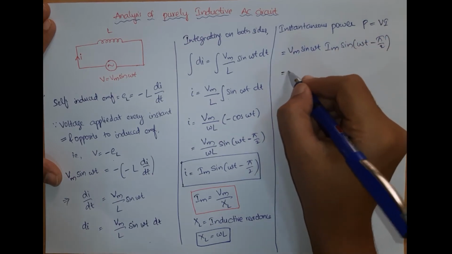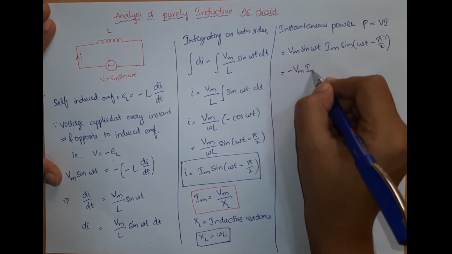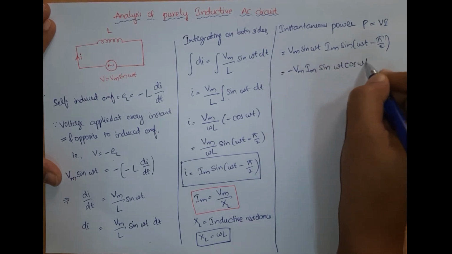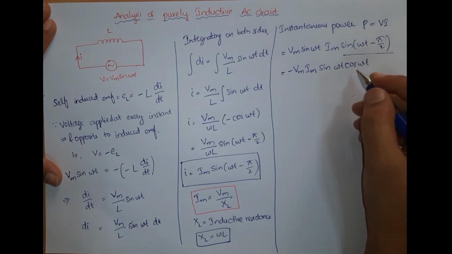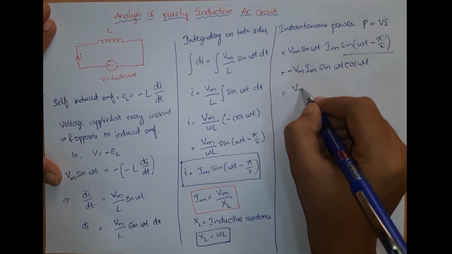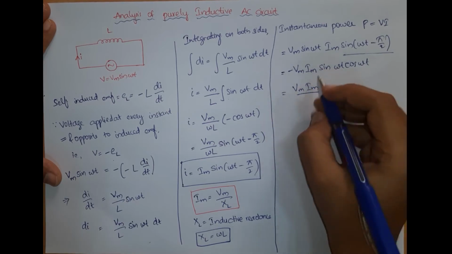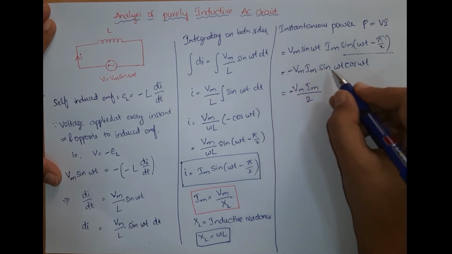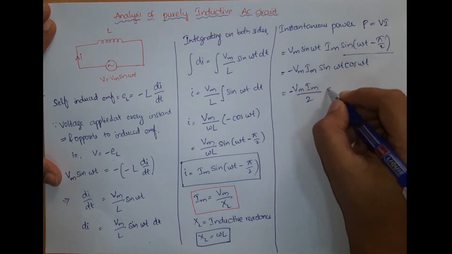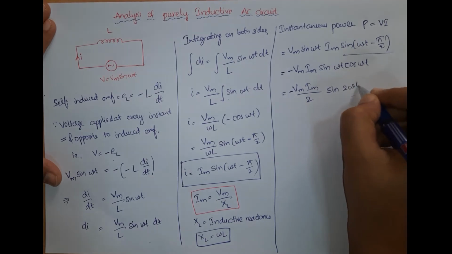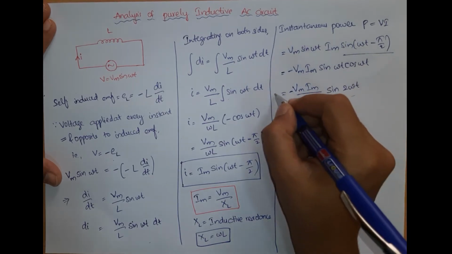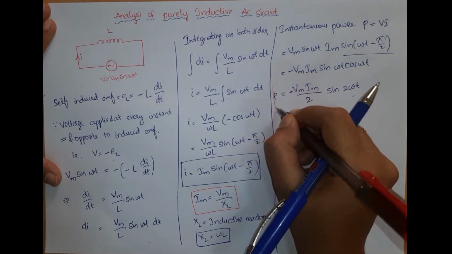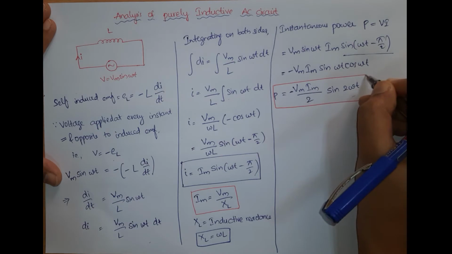So that gives minus Vm Im sin omega t cos omega t. Multiplying and dividing by 2, I will be getting minus Vm Im by 2 into 2 sin omega t cos omega t, which is sin 2 omega t. This is the value of instantaneous power through the purely inductive circuit.